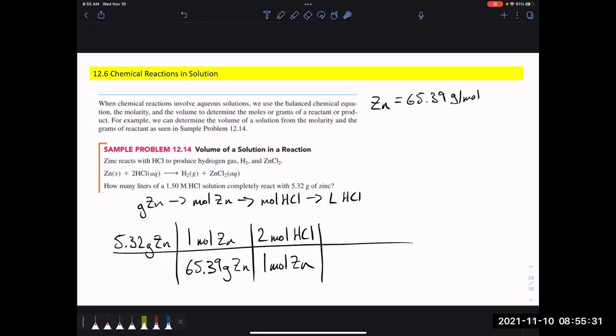So we've calculated then our moles of HCl. Now we want liters of HCl. We're going to use our 1.5. And again, molarity is in moles per liter. And so I'll have 1.5 moles HCl for every 1 liter HCl.